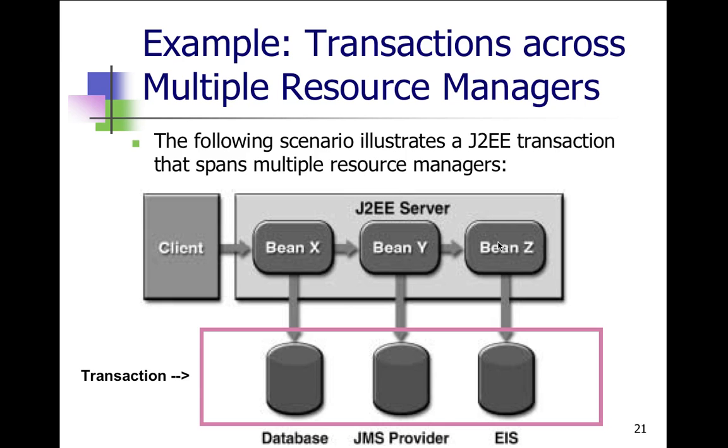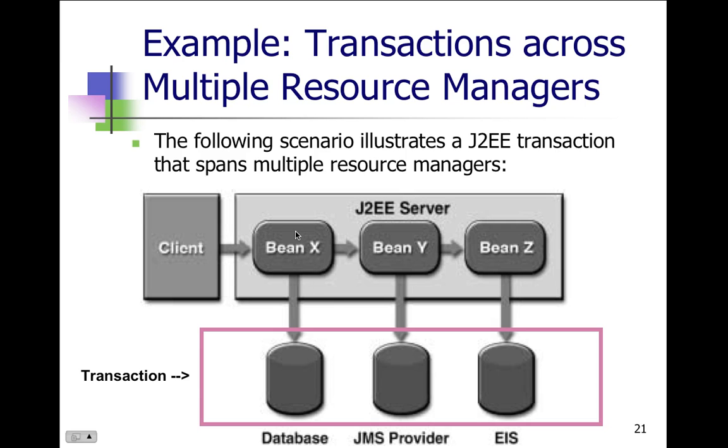So here's an example of transactions that cross multiple resource managers. The following scenario illustrates the Java EE transaction that spans multiple resource managers. We have a client that connects to a server. The server has beans X, Y, and Z on it, and they are providing connectivity. We know about bean X already.